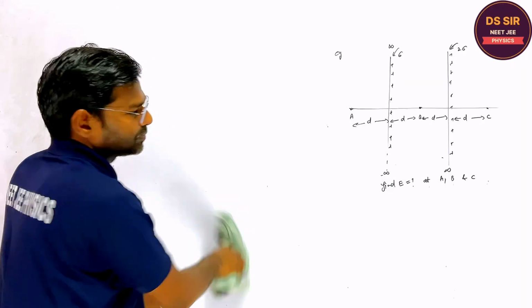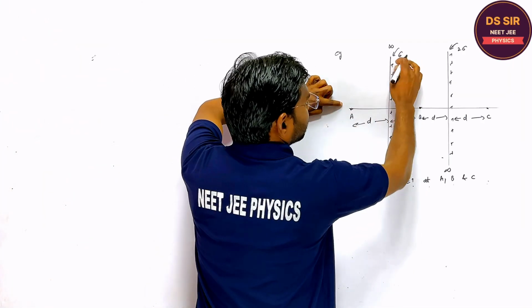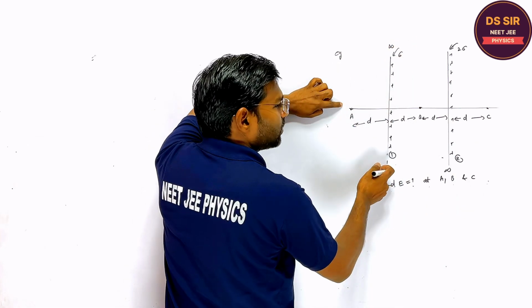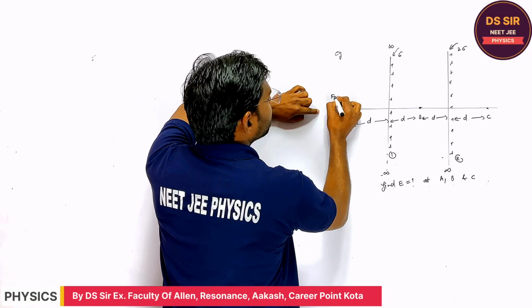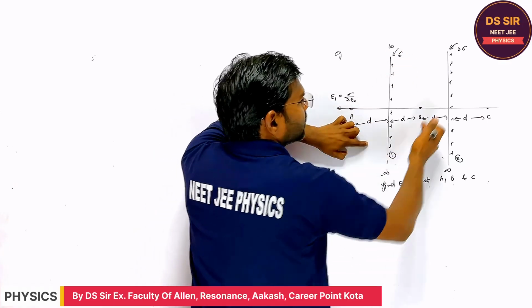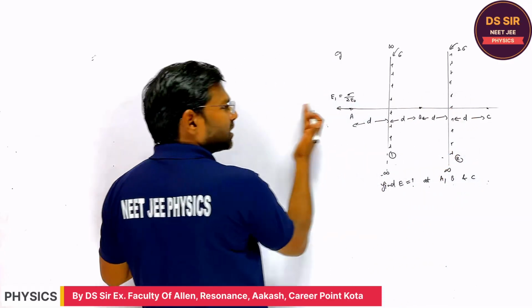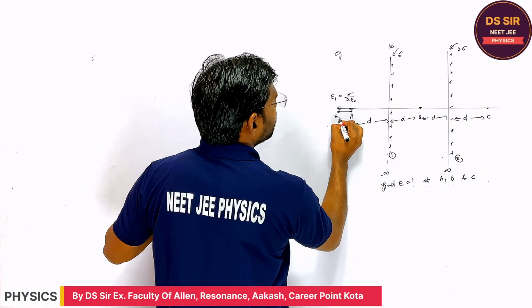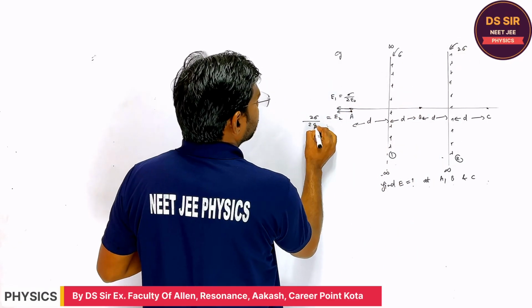Try this. So let's see how to solve this question. Listen. This is the plate 1, plate 2, or the sheet 1, sheet 2. Because of this sigma, the electric field is away. Here the electric field is E1, which is sigma upon 2 epsilon naught due to this sheet. This is also a positive sheet, so due to this sheet the electric field is away from the sheet, and here the electric field E2 is equal to 2 sigma upon 2 epsilon naught.